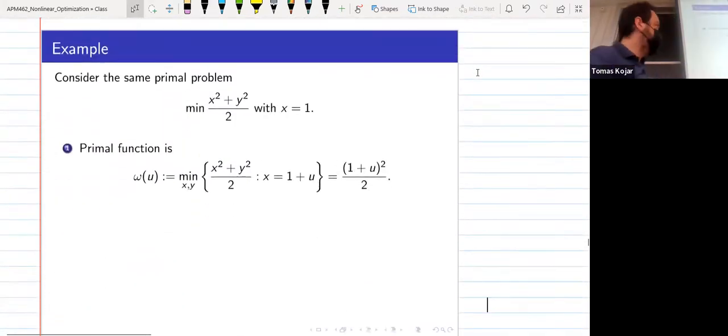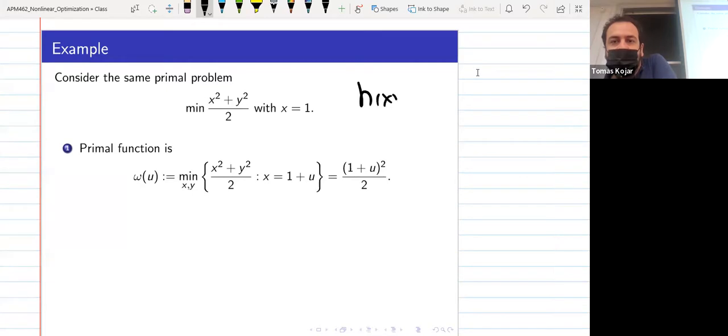So this is your function, and I need the primal function. So how do you solve the primal function? You call h of x to be x minus 1, and instead of setting it to 0, you set it to u. This is the primal function by definition.